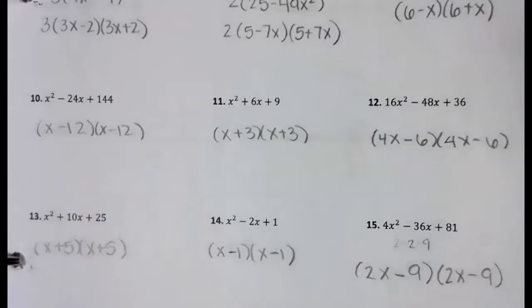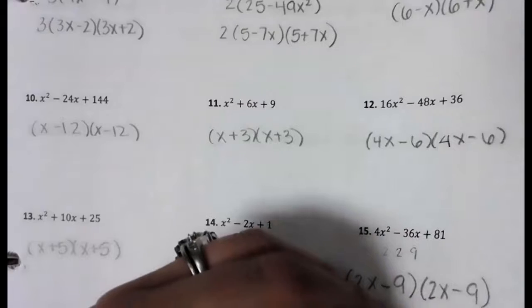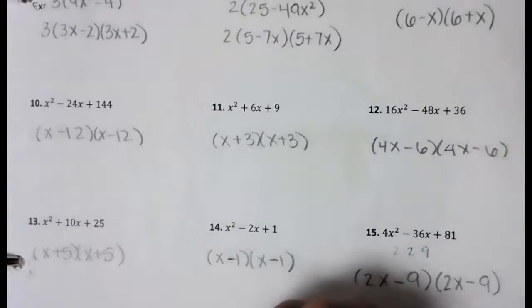So again, difference of squares says that if you have two terms and they're both perfect squares, then they're going to factor as the square root of the first plus the square root of the second times the square root of the first minus the square root of the second.